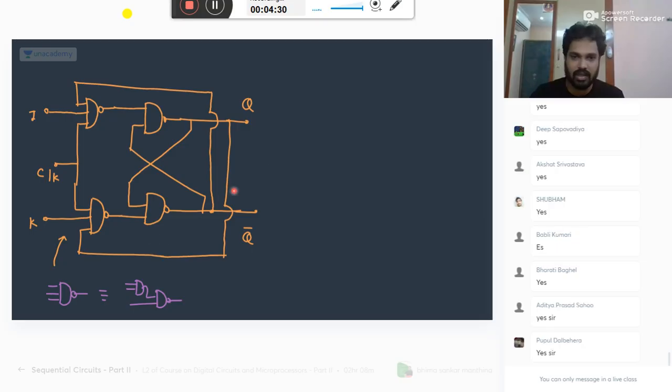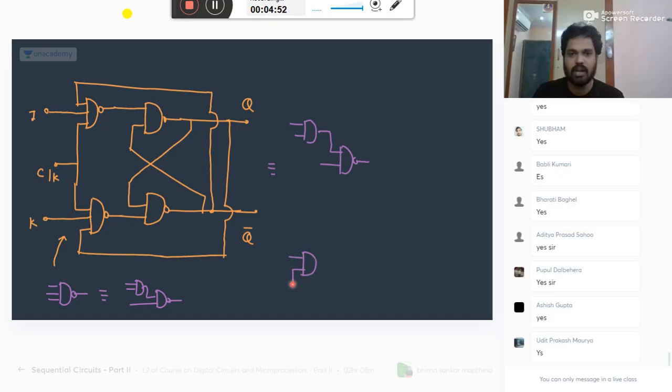So by using that concept, you can replace this 3-input NAND gate with one AND gate followed by another NAND gate. Similarly, here also, you can replace the bottom 3-input NAND gate with one AND gate followed by a NAND gate.